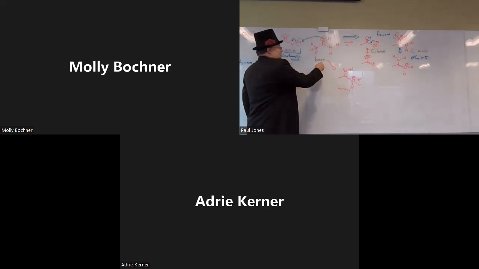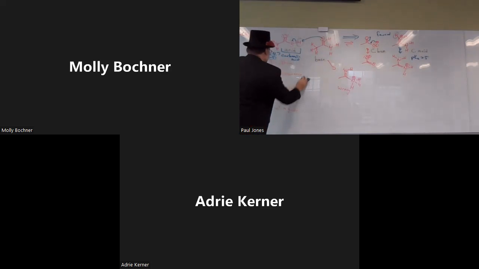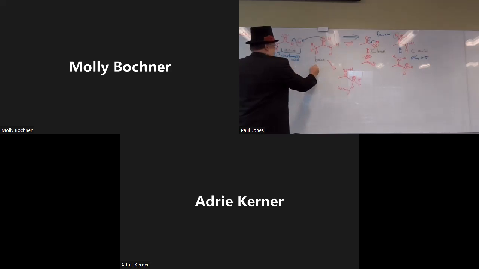This also means in terms of the bases, right? The stronger base lies on the same side as the stronger acid. So the stronger acid is over here, also the stronger base.